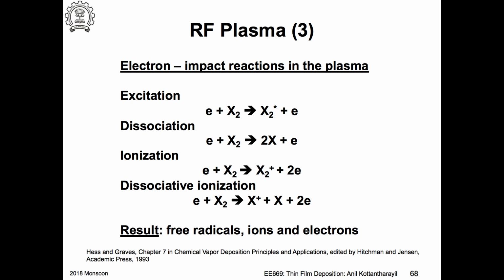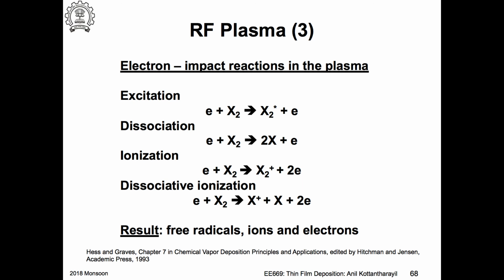But in a CVD process, you may not use argon. You are going to use nitrogen, for example, or you want to use silane. Then the situation changes. Or I am going to use an oxygen plasma. Then I will have free radicals, oxygen atoms with high energy, oxygen ions, and so on.